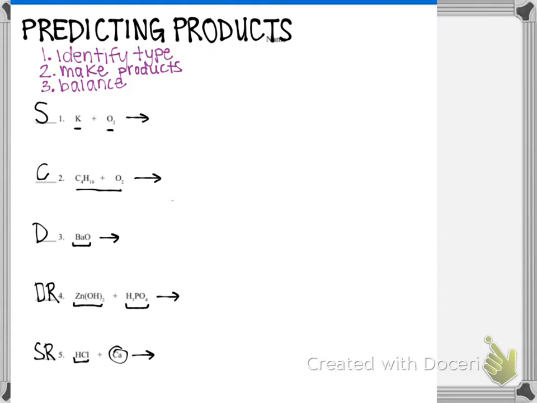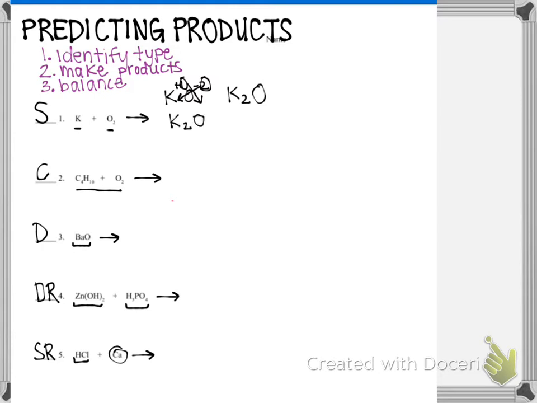So our compound is, we know it's going to be K and O. The charges from the periodic table, K is a +1, O is a -2. Those do not cancel out, so we have to crisscross. The 2 comes down, and the 1 would come down. So once you crisscross, your compound would be K2O1, but remember we don't ever write 1 as a subscript. So your product here, K plus O2, makes K2O.